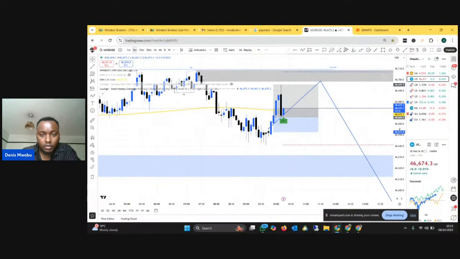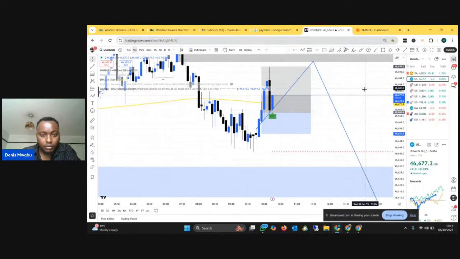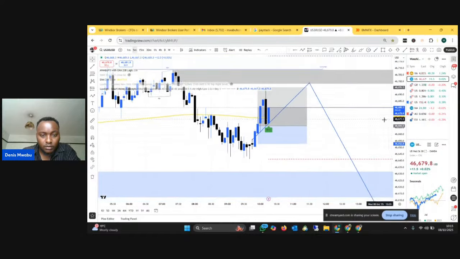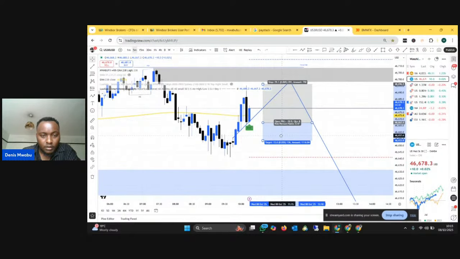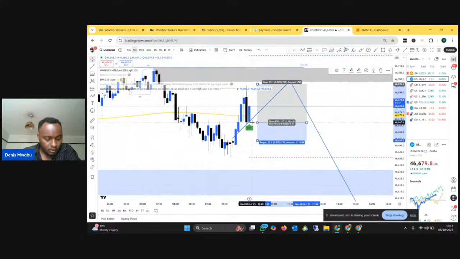Getting to sell. Just let's wait a minute for this candle. Let's wait. It has to confirm the sell.